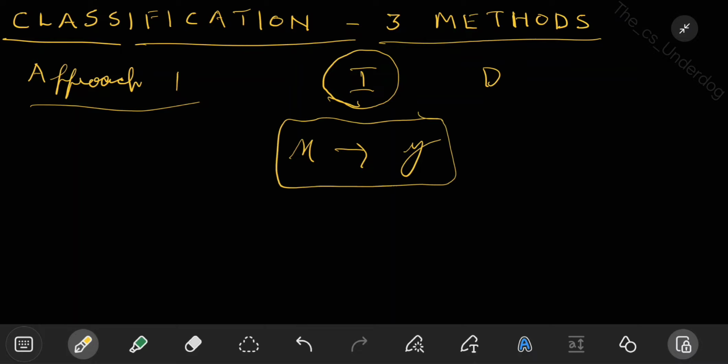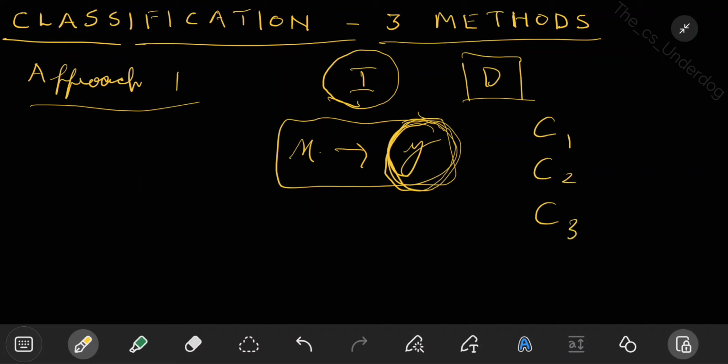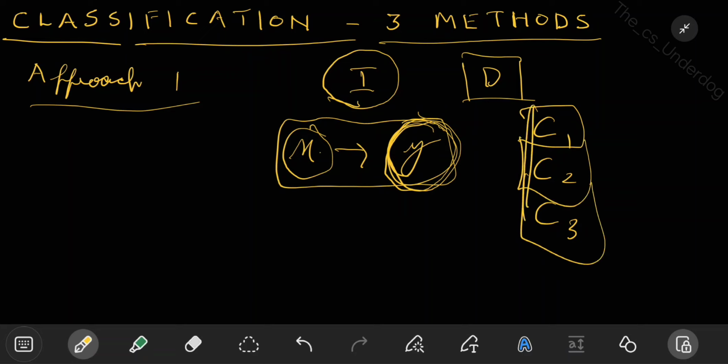And once you get this Y from your inference stage, what is your decision stage? The decision stage is using whatever your model told you to classify this X into one class. Let's say you have C1, C2, C3, multiple classes, need not be three, whatever the number of classes. From the input X, how do you finally reach one particular class? That is all about classification.